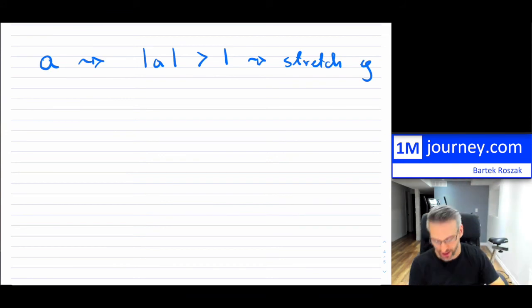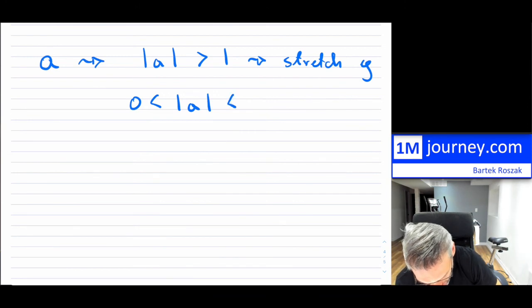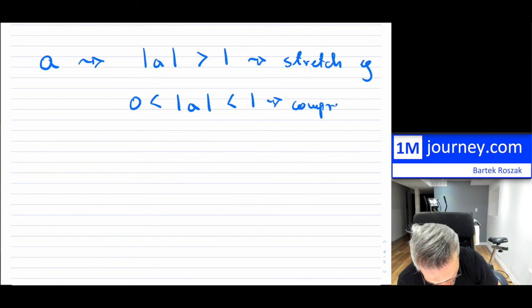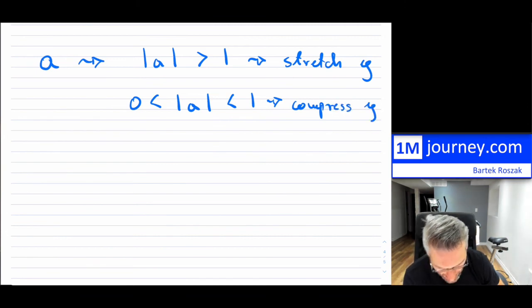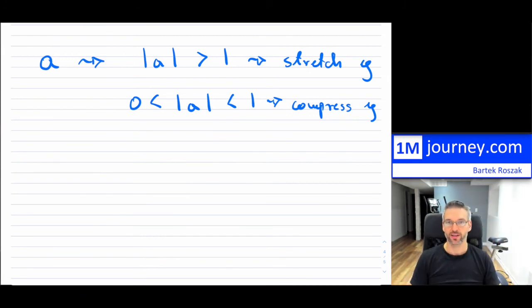If the magnitude, or absolute value of a, is between 0 and 1, then that does the opposite. It compresses in the y, which means it compresses it in this direction. This is something that you probably will forget. I forget sometimes as well and make mistakes. I'm aware that there is stretching and compressing, and sometimes I can't remember which one it is. So this is just as a reference for you.